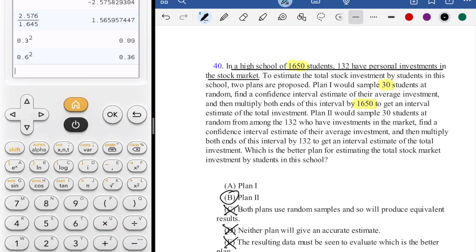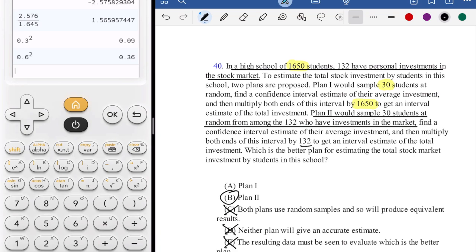Now, in the case of Plan 2, which is the one I was leaning towards, we're taking a sample of students who do invest from the 132 who invest. Then I get their average investment and multiply the interval by 132, so that I'm broadcasting my sample findings out to that smaller subpopulation.